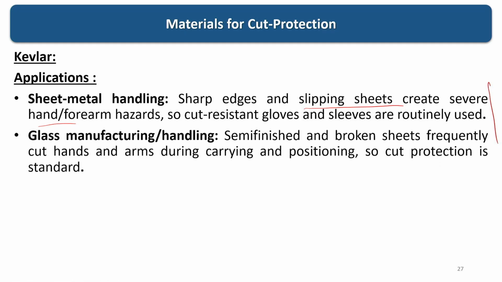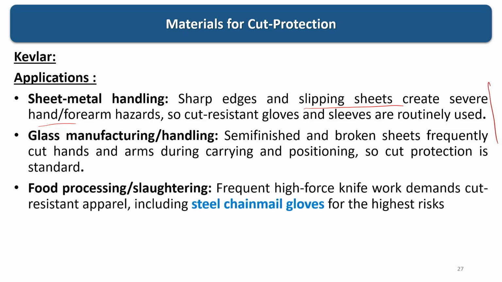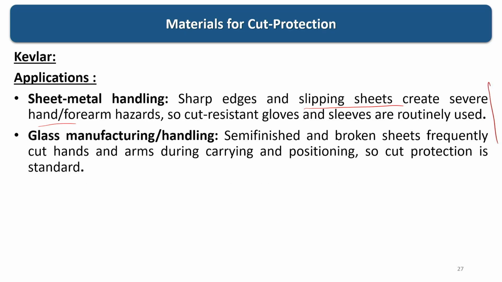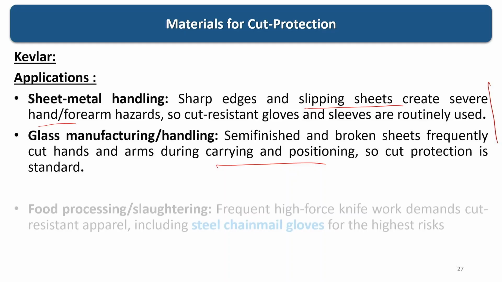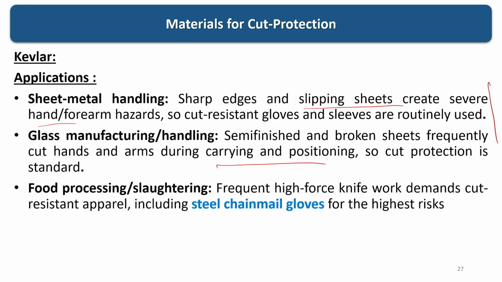In the glass manufacturing and handling industry, semi finished or broken material frequently cuts hands and arms during carrying and positioning, so cut protection is required. In food processing and slaughterhouses, workers get injured with frequent high force use of knives.